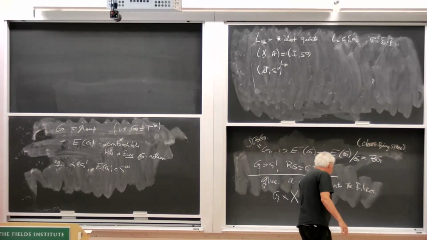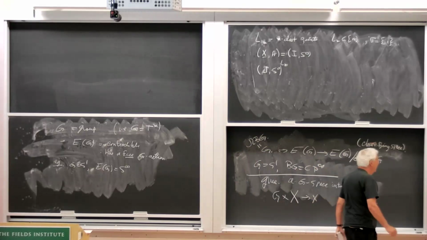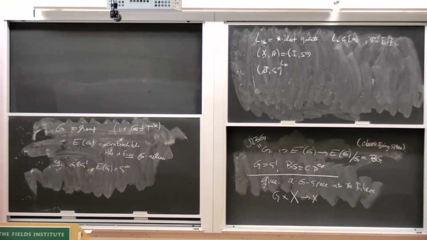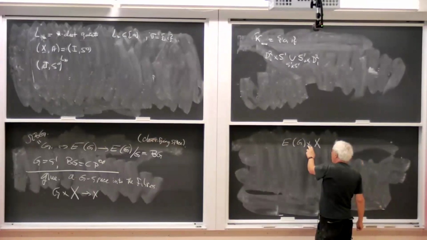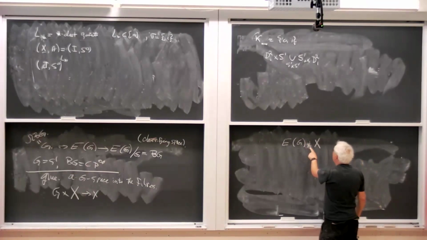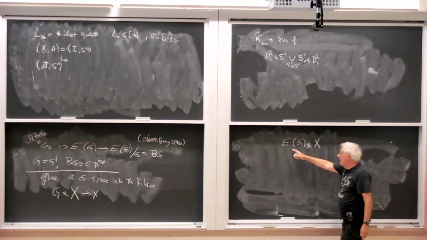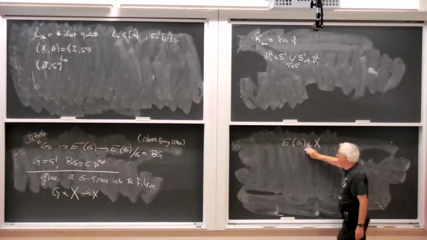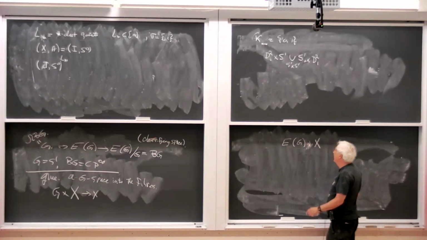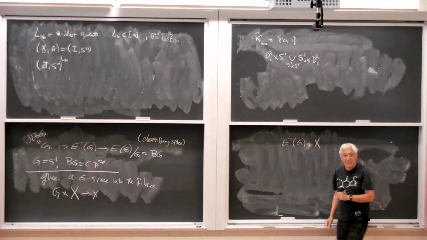And the way this can be done, I'll work in the general situation. So I can take EG cross X. I have the group acting diagonally on this.